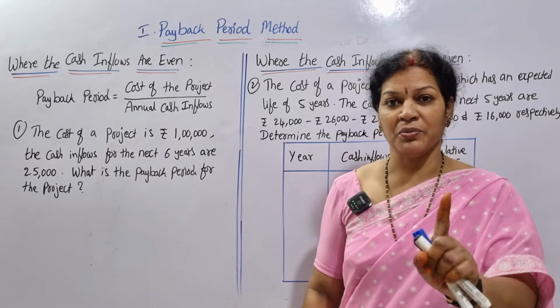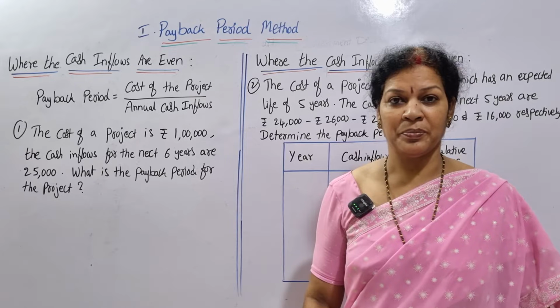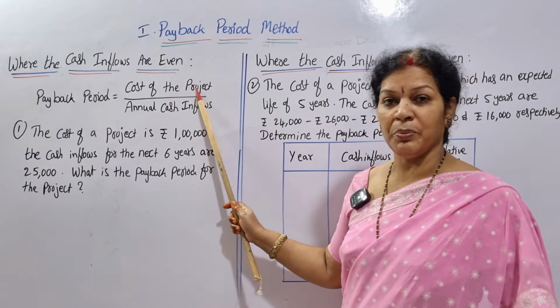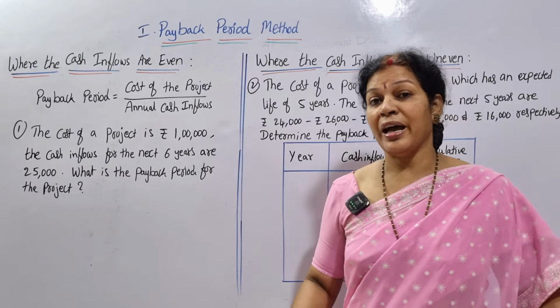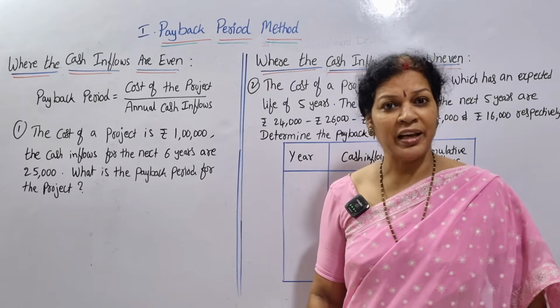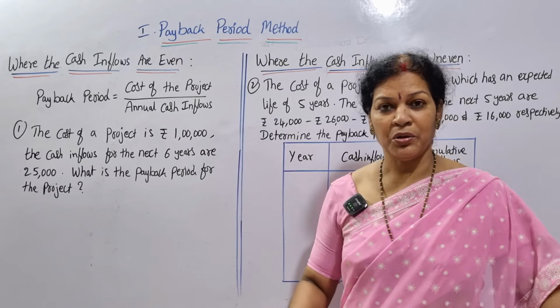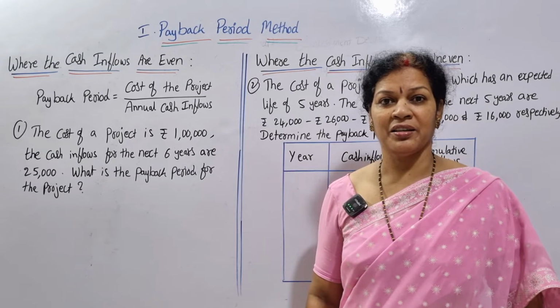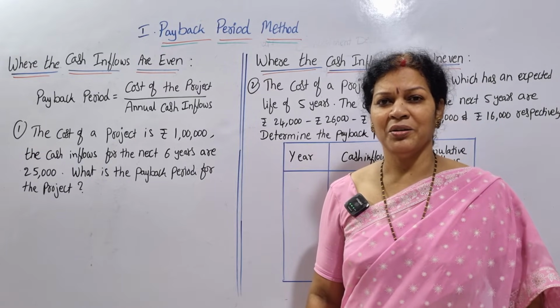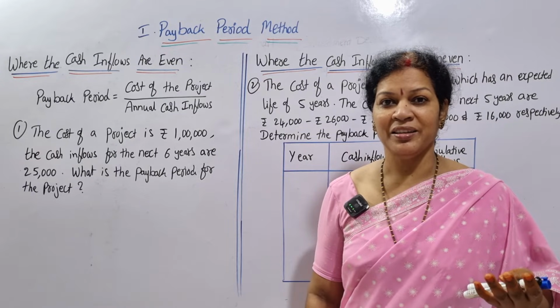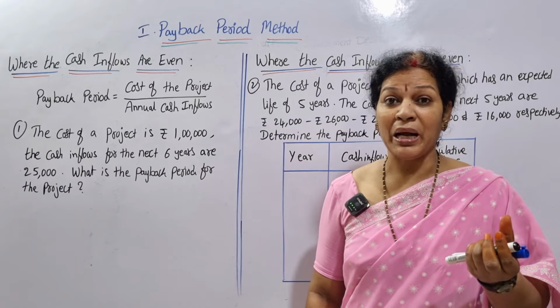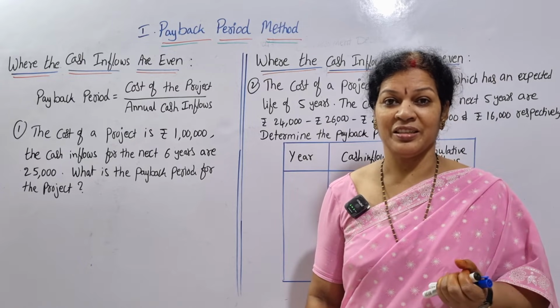As we have discussed, 1 crore I am investing, divided by annual cash inflows. Annually how much you are expecting? 25 lakh. 1 crore divided by 25 lakh. What is the value? 4. Means in 4 years I am going to get back my investment. That is, payback period is 4 years.